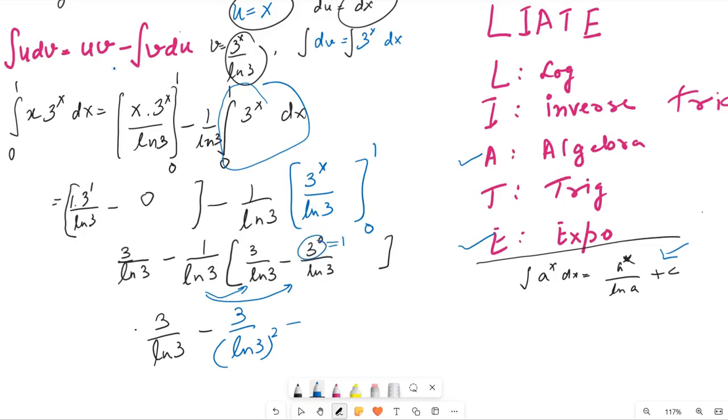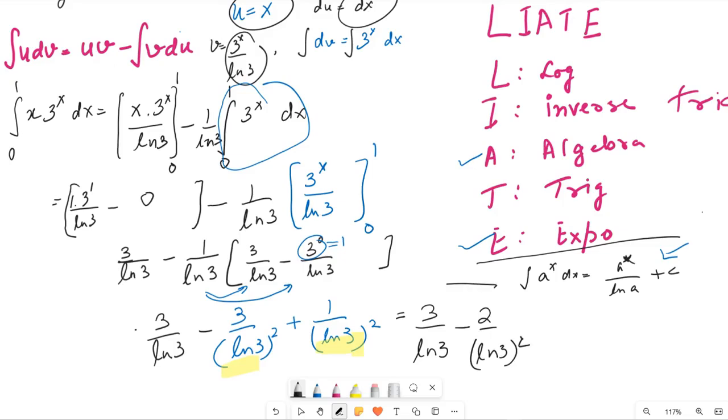So that's minus minus plus 1 by natural log of 3 squared. These two both have natural log of 3 squared in the denominator. So basically 3 by natural log of 3 minus 2 by natural log of 3 squared. These two together will make negative 3 plus 1 will be 2. That should be your answer.